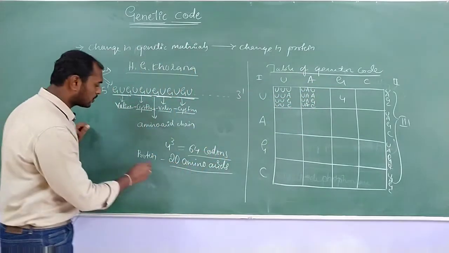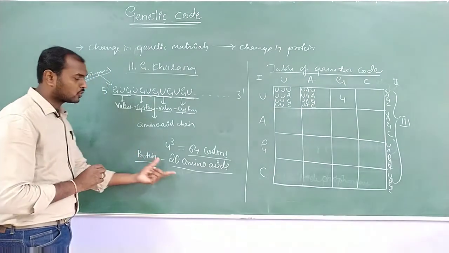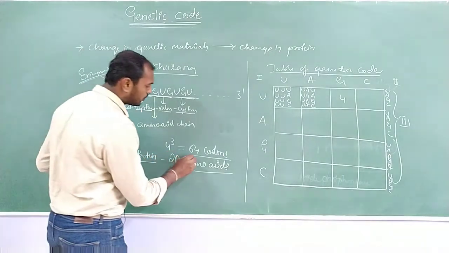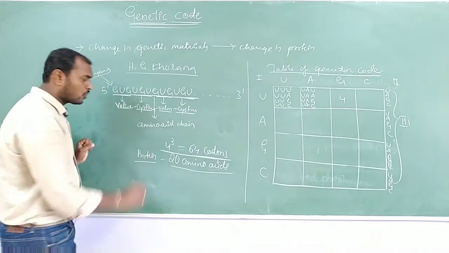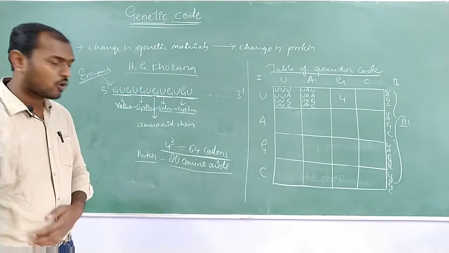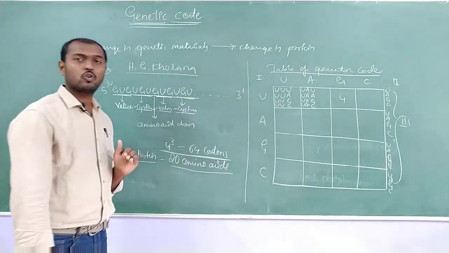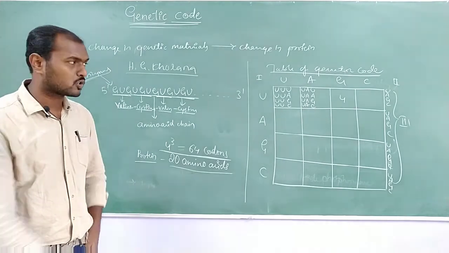So this protein is having 20 amino acids, and out of that, the 64 are going to be coded by 64 codons, and all 64 codons are not going to code for amino acids.